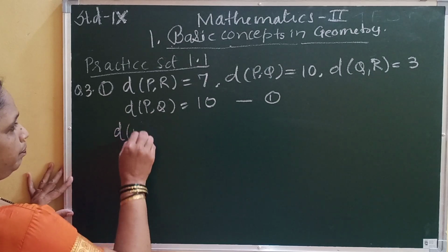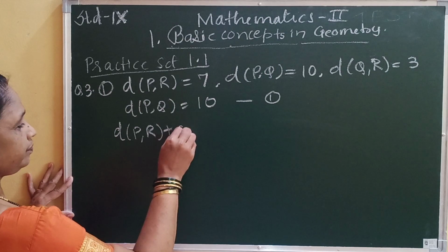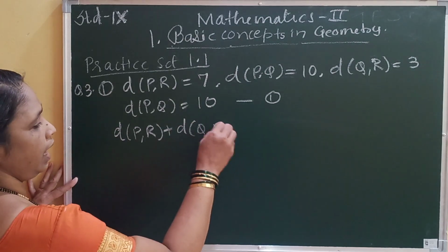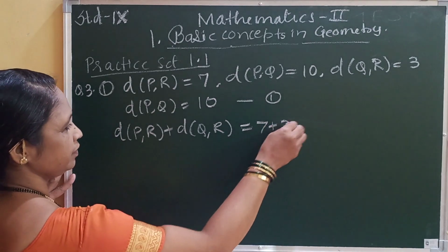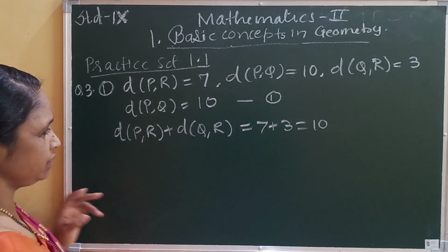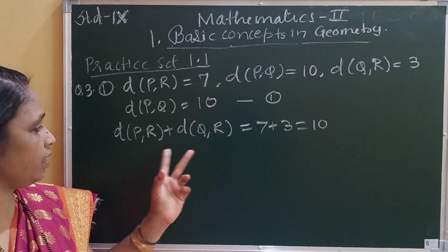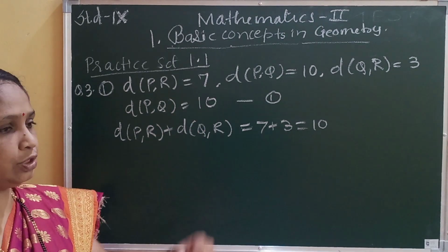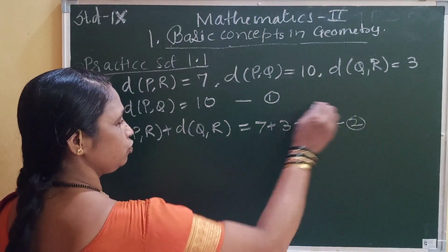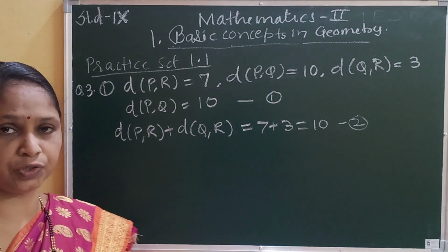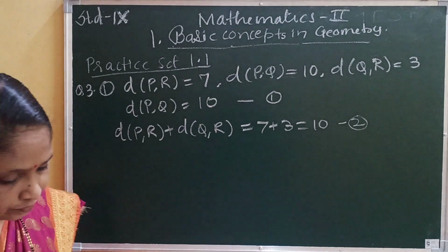Distance PR plus distance QR equals 7 plus 3, which is equal to 10. So distance PQ is 10, and the sum of distances PR and QR is also 10. We give this the name 2. These two are equal, which means the points P, Q, R are collinear.